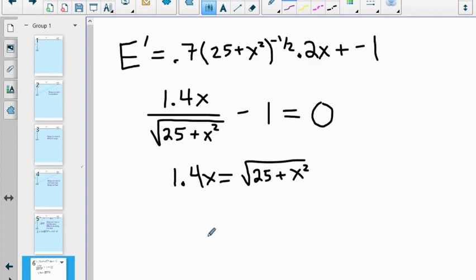I'm going to square both sides of this equation. 1.4 squared, well, I know 14 squared is 196, so 1.4 squared is 1.96 x squared. It was at this moment that I squared the radical that I thought, oh, I'm going to be able to do this. I won't even need the quadratic formula because I don't have an x term.